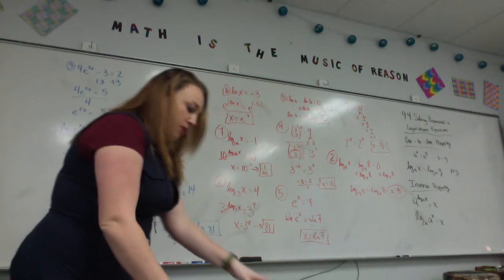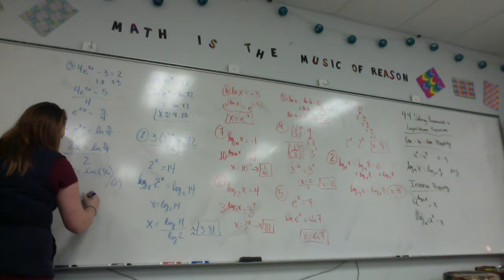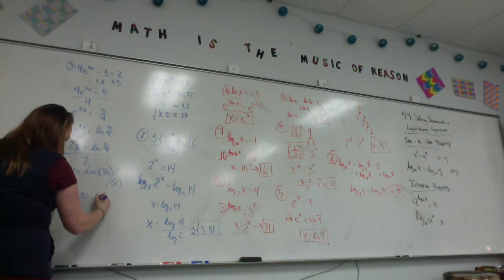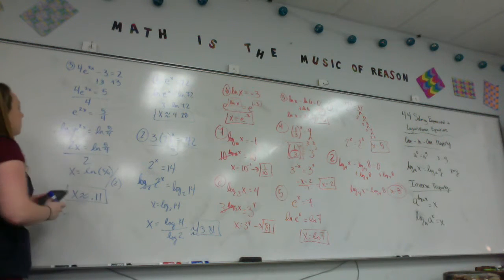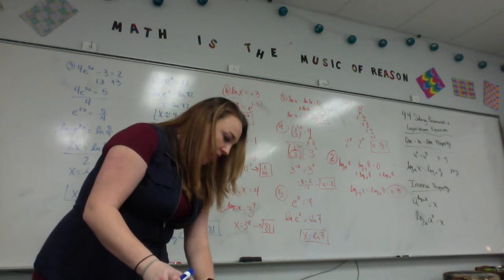And then you're going to tell me what you get because it wants a number answer. And x should be approximately 0.11. Okay? That's solving that. We're going to do one more, and then I will give you homework.